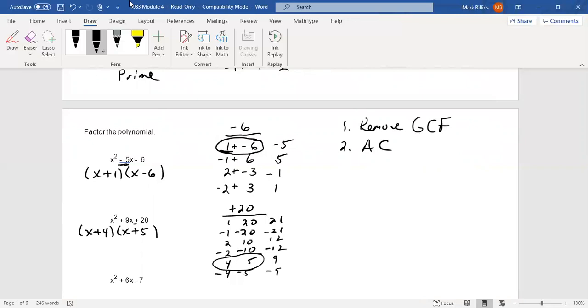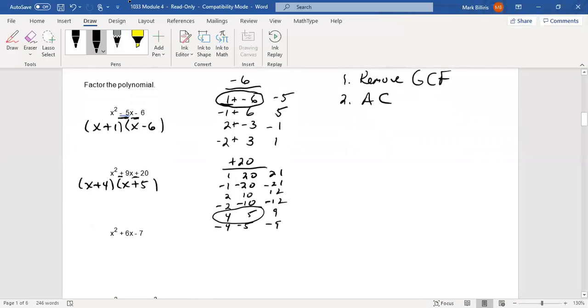Notice in the previous problem, this was a -6, and I'm multiplying a positive times a negative, which gives me a negative. Since this is a +20, my signs are the same. How do I know if they're positive or negative? All I have to do is look at my middle sign. Since that's positive, it tells me that both of these would be positive.